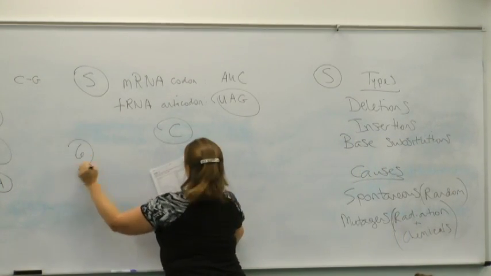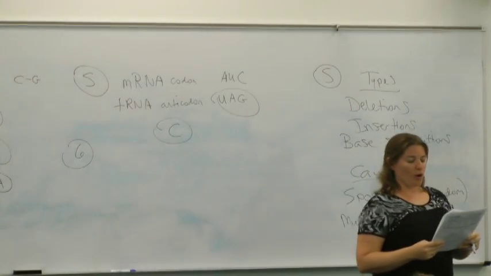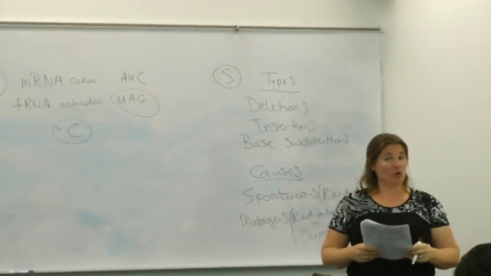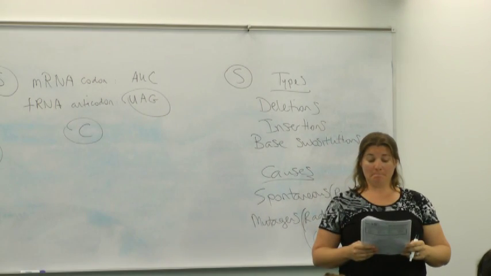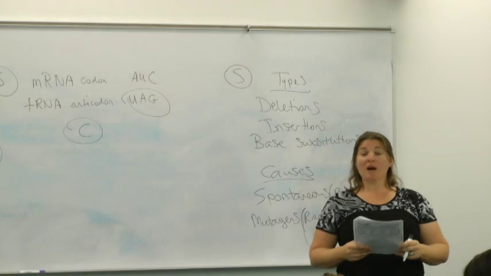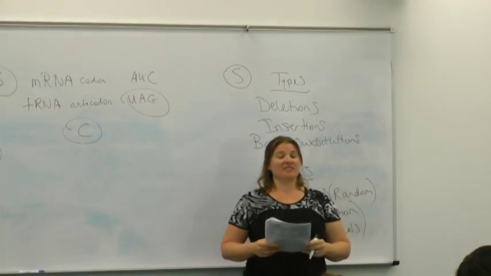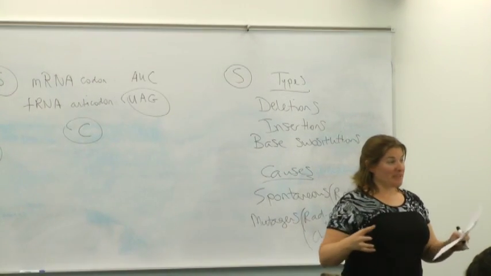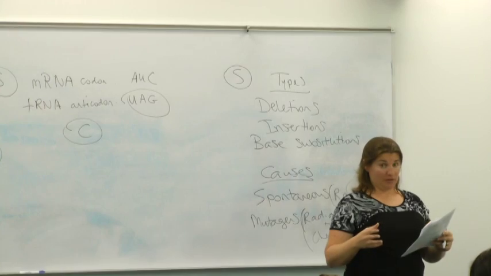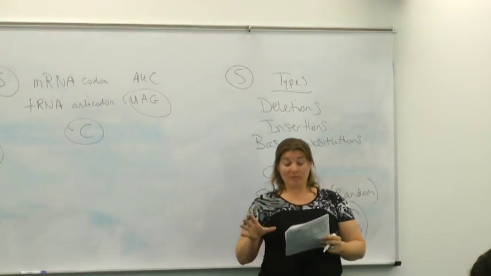Number 6. Amino acids are assembled into a specific order. Let's see what's true. On the ribosome, is that where it happens? Remember what the ribosomes are back from chapter 4? They're the site of protein synthesis. So that means amino acids are being linked together to build a protein. So are amino acids assembled in a specific order on ribosomes?